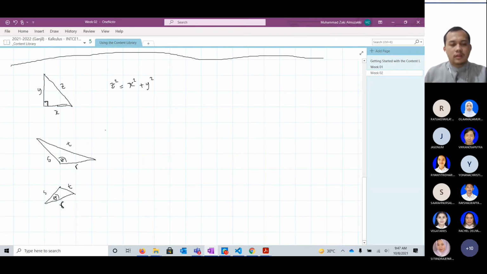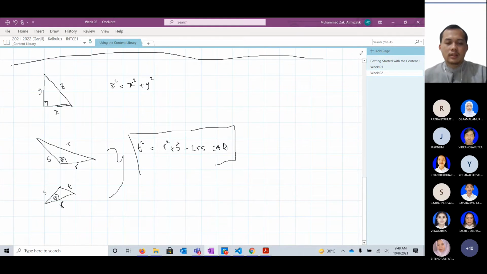So basically, the law of cosine says that t squared is equal to r squared plus s squared minus 2 times r times s cosine theta. Remember that theta is the angle facing this side, the t. This law of cosine works for both cases, or in general for any theta.